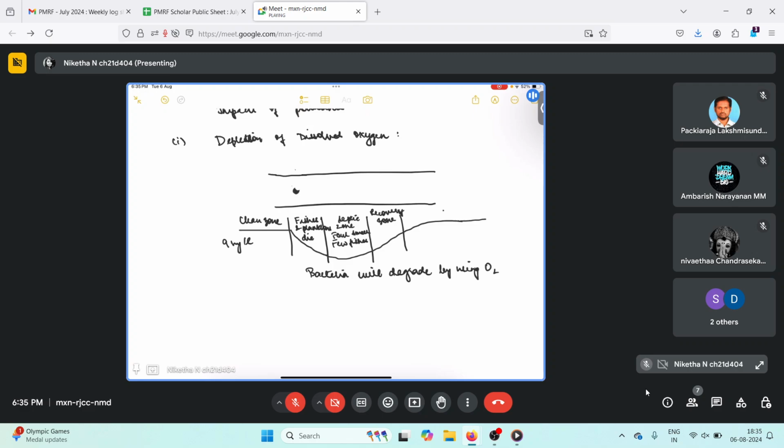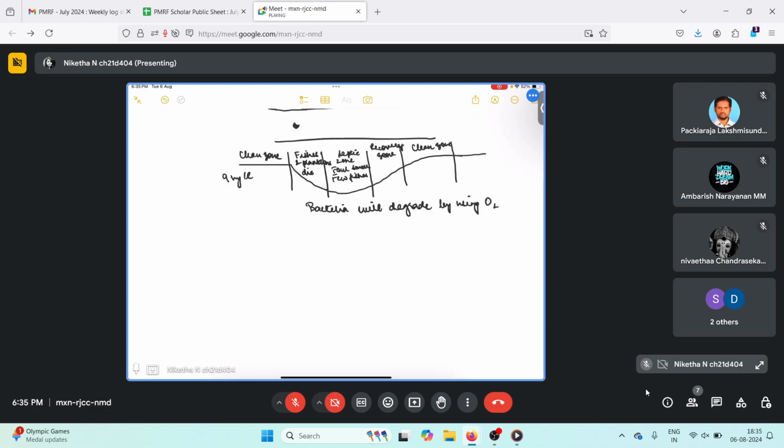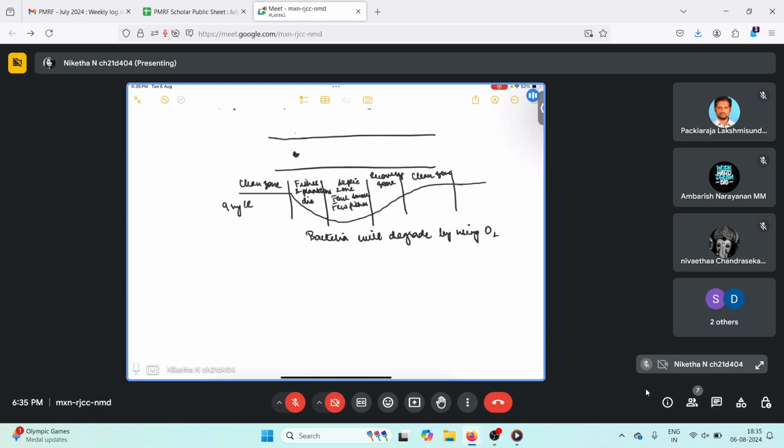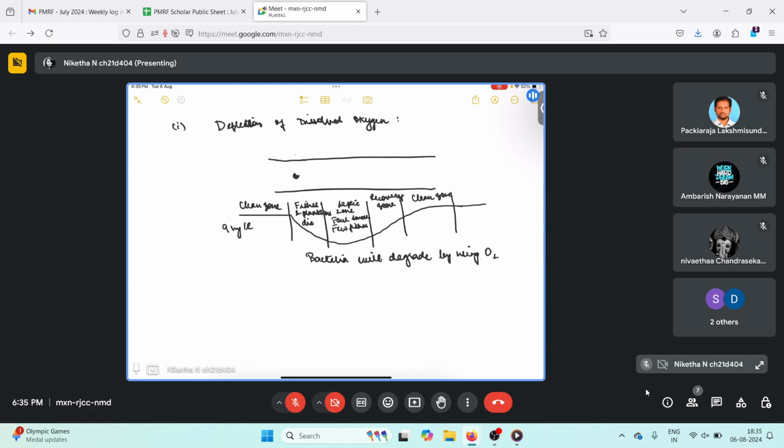And then you have the clean zone, where the oxygen levels are back to their pre-pollution levels. So this is the impact of dumping waste on the water environment.